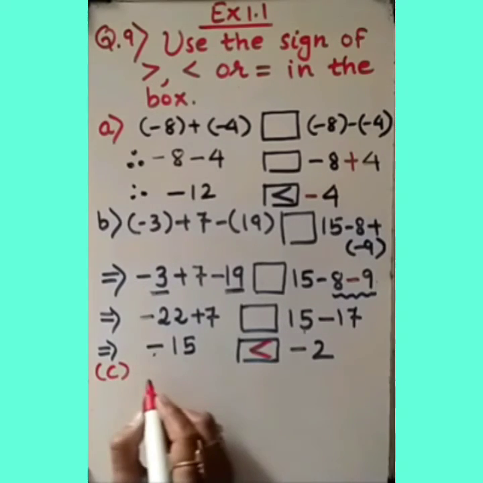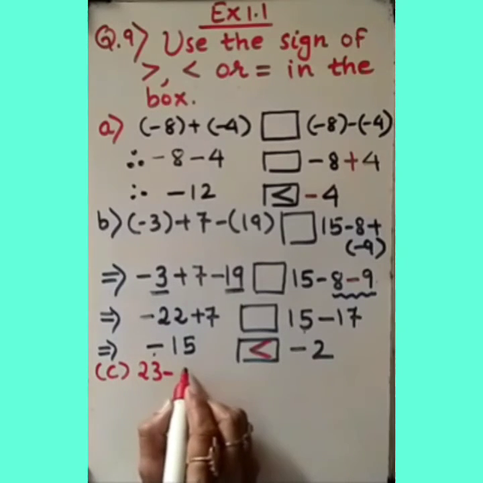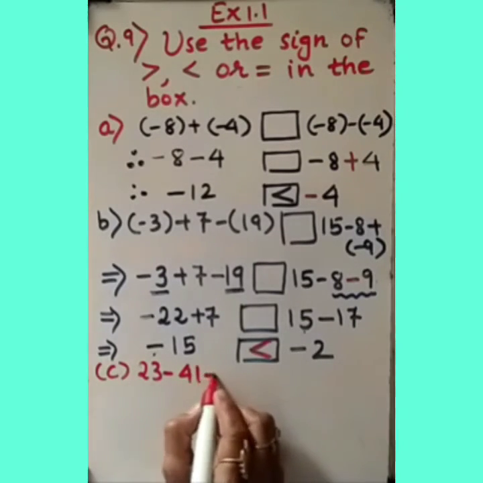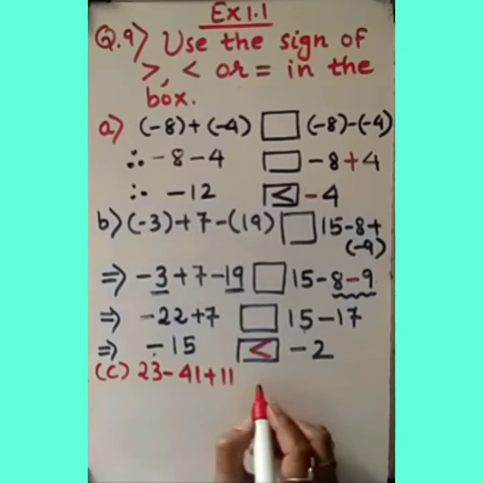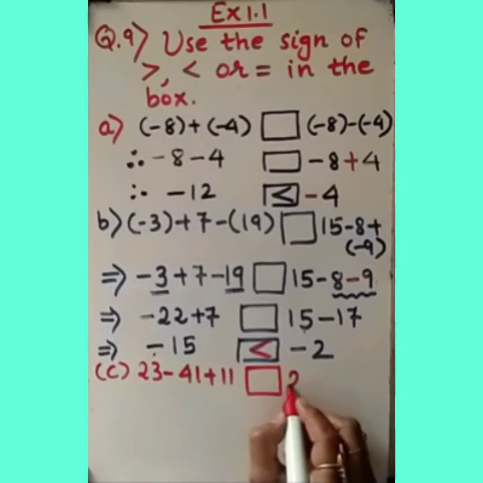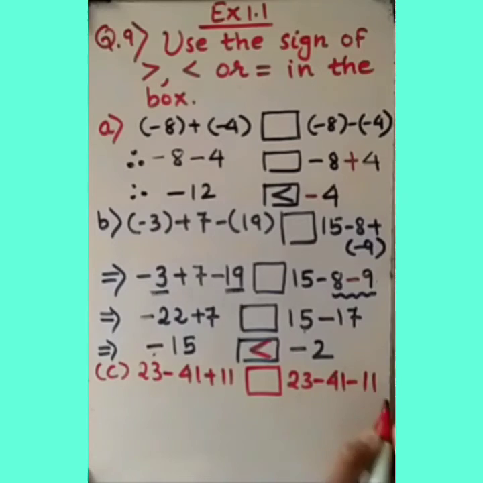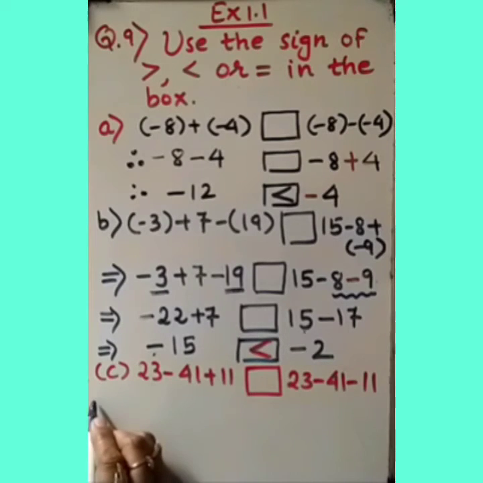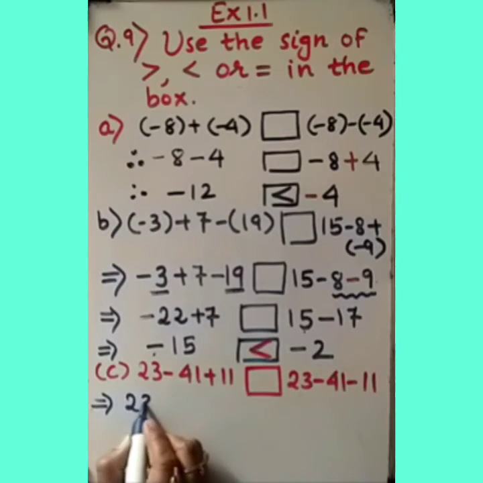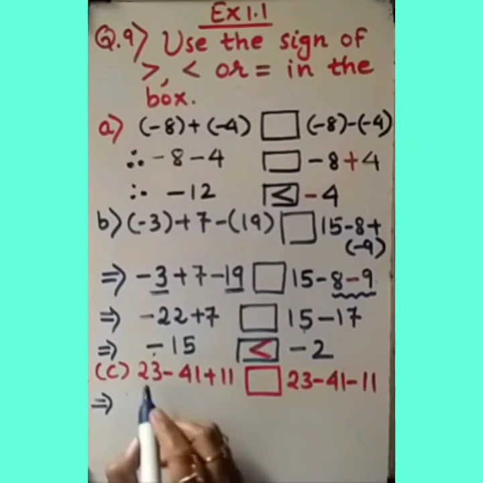Let's work out on the C. We are given 23 minus 41 plus 11, and one box you will have to draw, and 23 minus 41 minus 11. This we are given. So let's go ahead with that. We know that here 23. Now, which two numbers are positive?